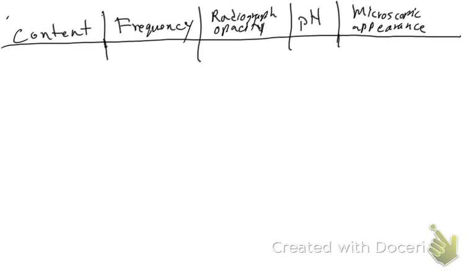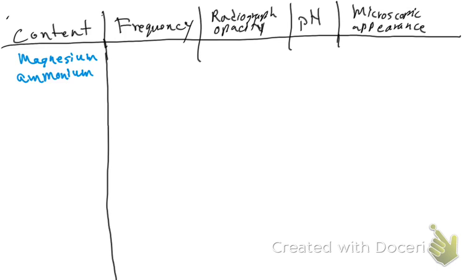Magnesium ammonium phosphate, and in parentheses we can say struvite or triple phosphate.